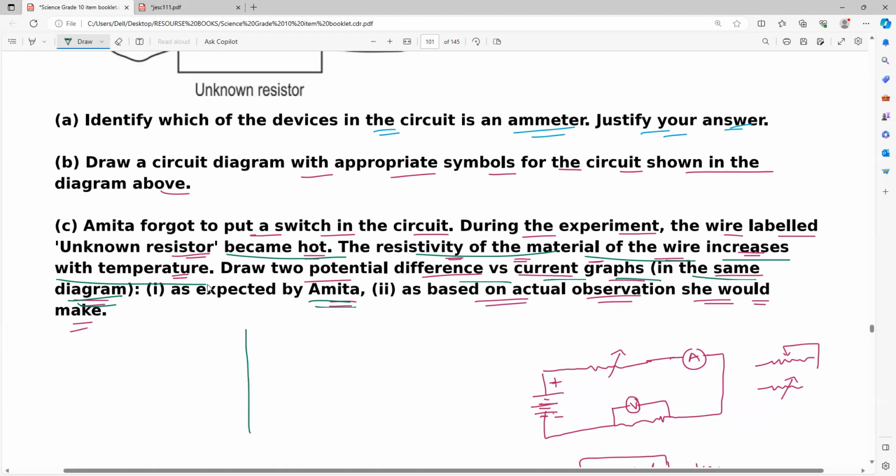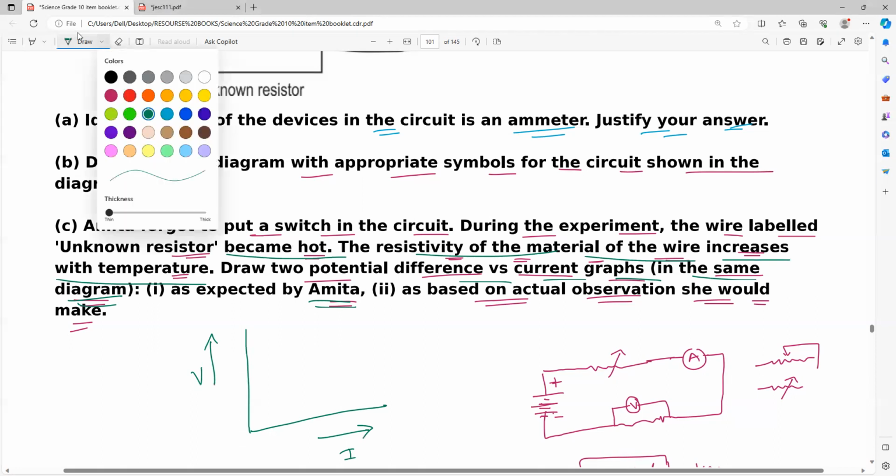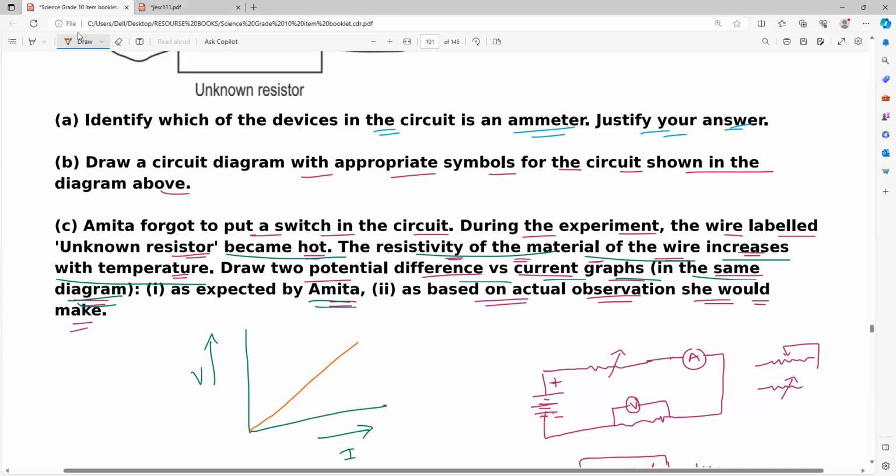Actually, Amita is expecting what graph? The V-I graph, we all know that. Ohm's law graph. What is the expected Ohm's law graph? It is the linear graph. Am I right? So that is what is expected.